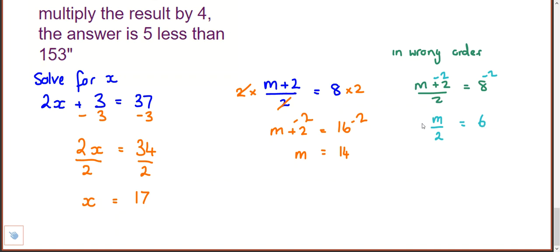Then you would times by 2, and you would end up with n equals 12, which looks fine, doesn't it? But you know it's wrong because you've done it in the wrong order.